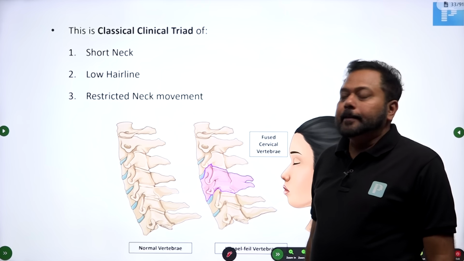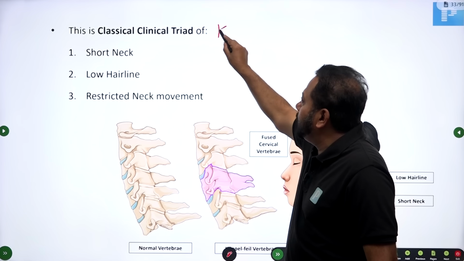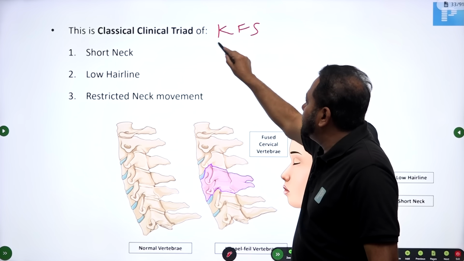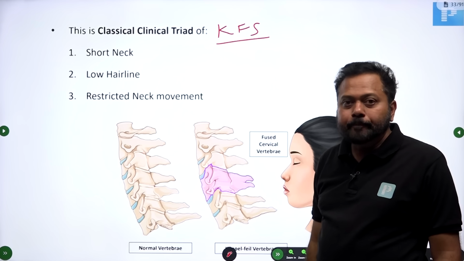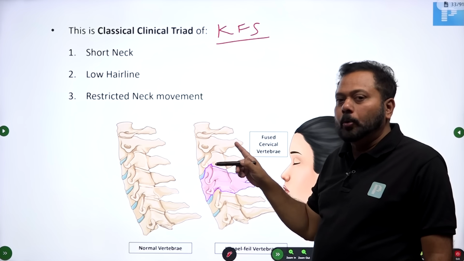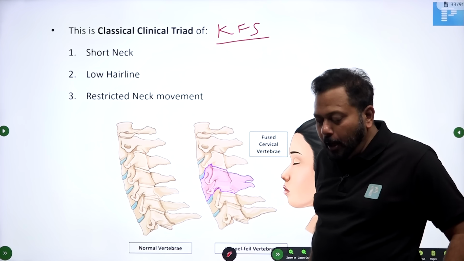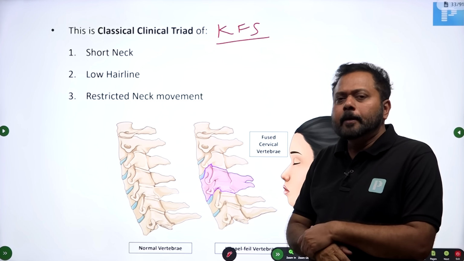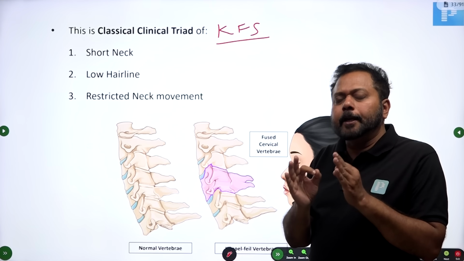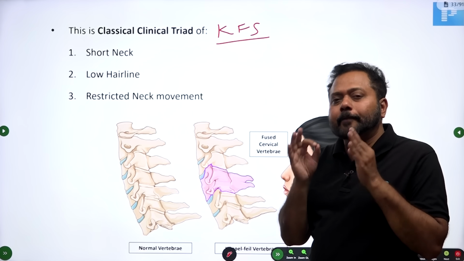And this is the classical triad of Klippel-Feil syndrome: short neck, low hairline, restricted neck movements. What is Klippel-Feil syndrome? This is nothing but congenital fusion of the cervical vertebrae.